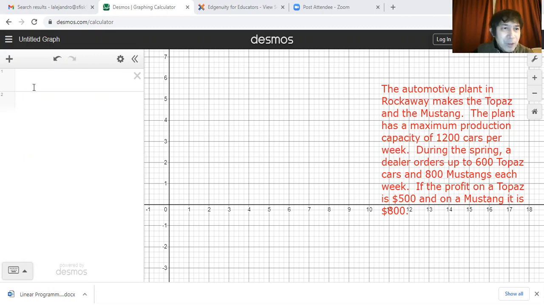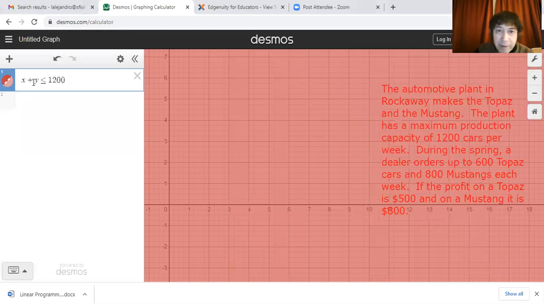All right, so we shall have the statements over here, starting with the constraints using the 1,200 cars. For that one, this will be X plus Y, and it cannot exceed 1,200 cars. So this will be less than or equal to 1,200. All right, so we cannot see the line.